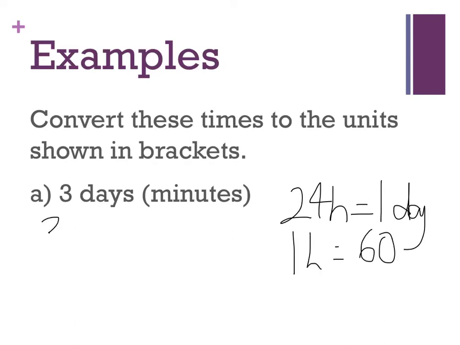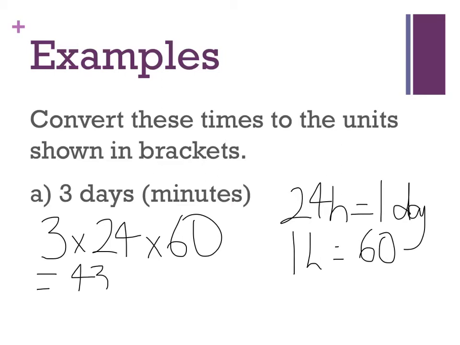So if I multiply 3 by 24 hours by 60 minutes in an hour, I will get my answer. And if I do that, I get 4320 minutes. I've had to use my calculator for that, and I'm happy for you to use your calculator too. So 4320 minutes: 3 days, 24 hours in a day, 60 minutes in an hour.